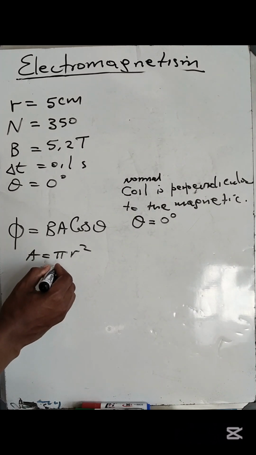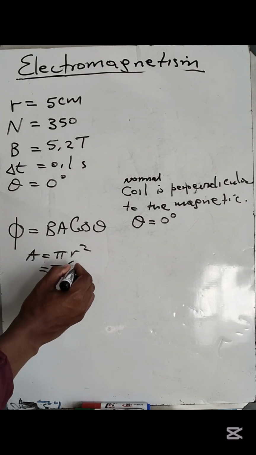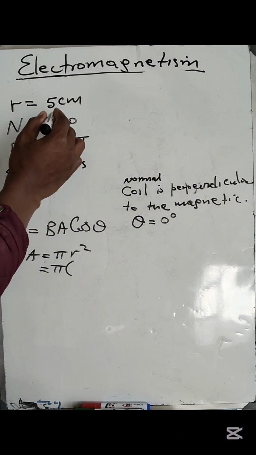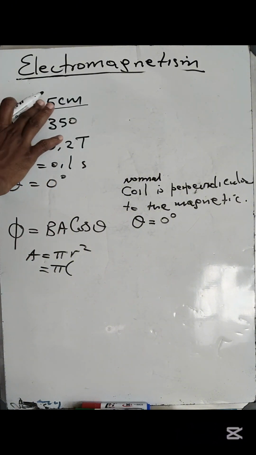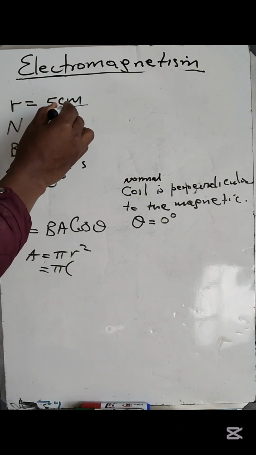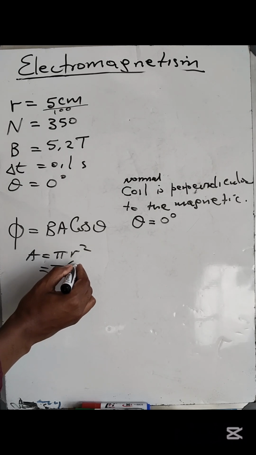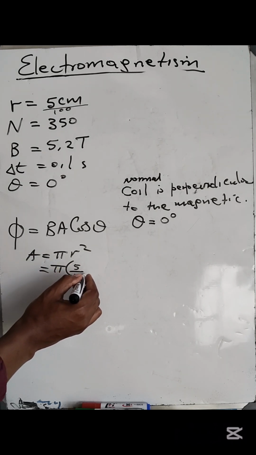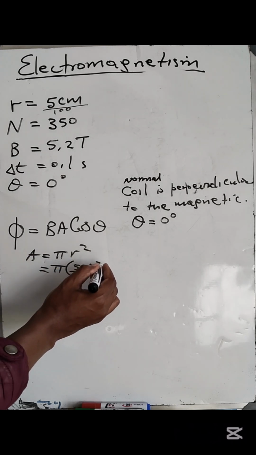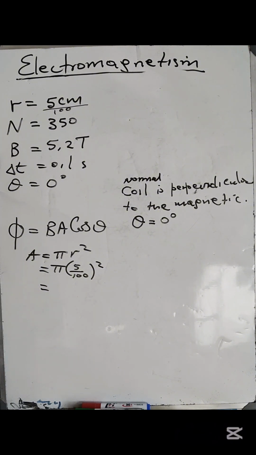So pi into the radius, 5 centimeters divided by 100, then square. So you have to punch the calculator to get the area: 5 divided by 100, squared.